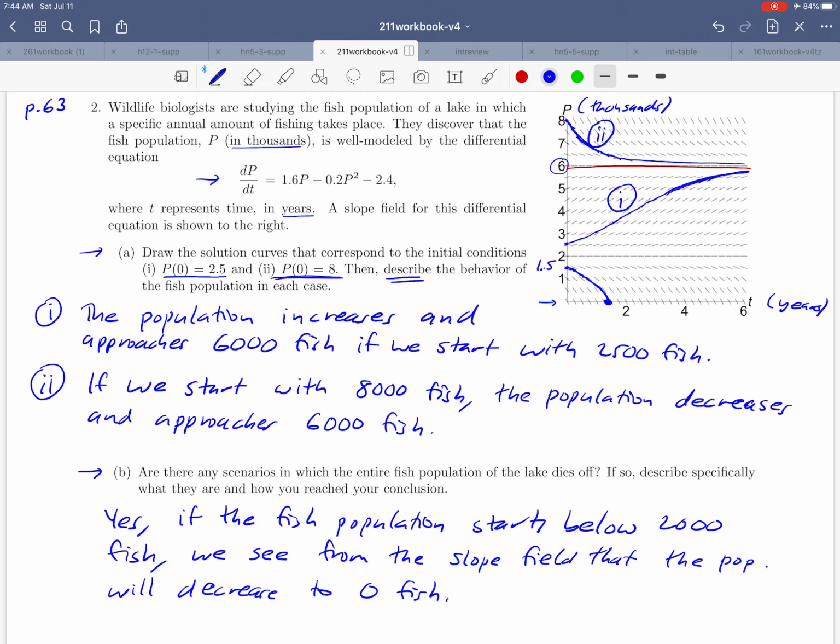That's what we mean by a die-off. We have a certain amount of fish and we wind up having 0 fish at the end. Maybe just for the sake of your notes, see curve 3. When I say 3, I mean the third curve that we drew up there. I think we've answered all the questions they wanted us to.